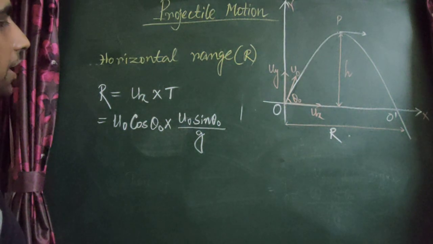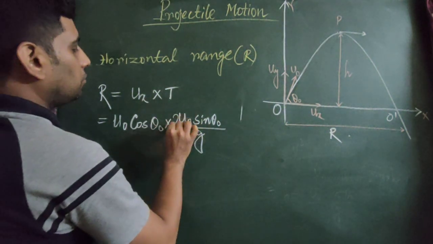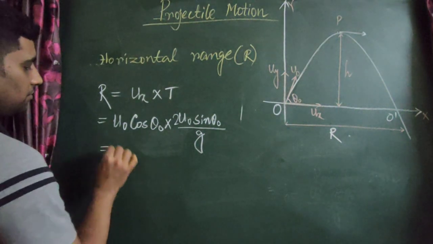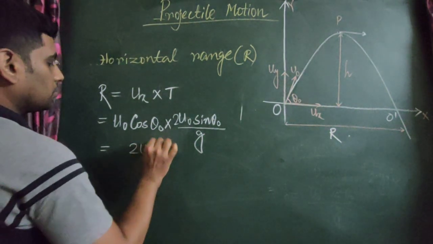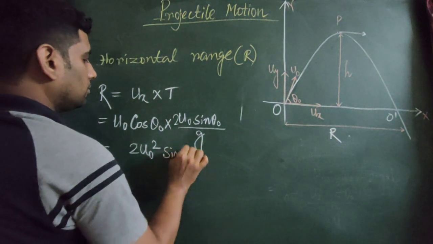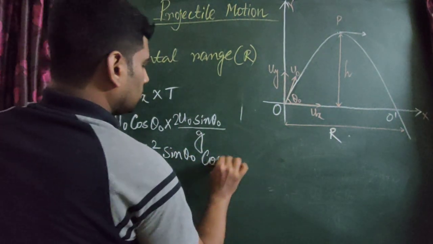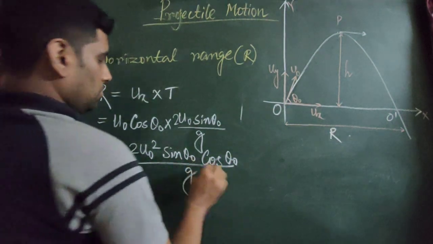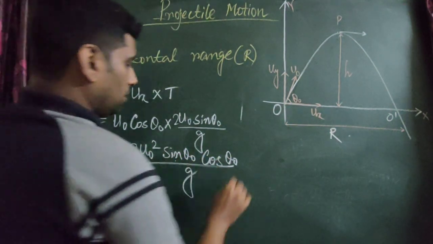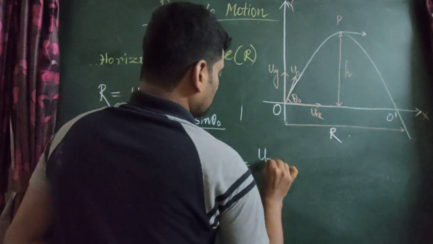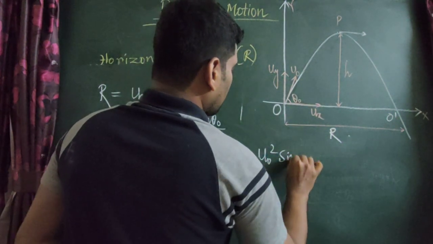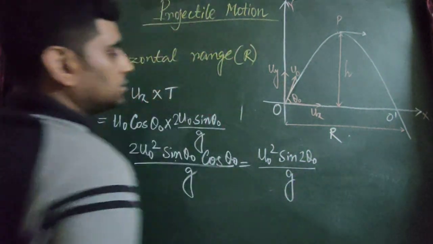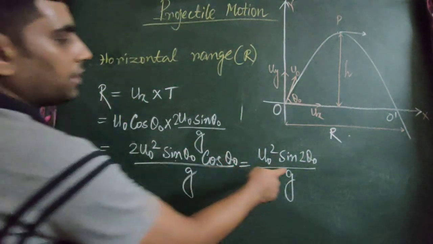If you multiply this, what are you getting? 2u0 square sin theta 0 cos theta 0 by g. Now 2 sin theta cos theta means sin 2 theta, so I can write this as u0 square sin 2 theta 0 by g. So the horizontal range is this.